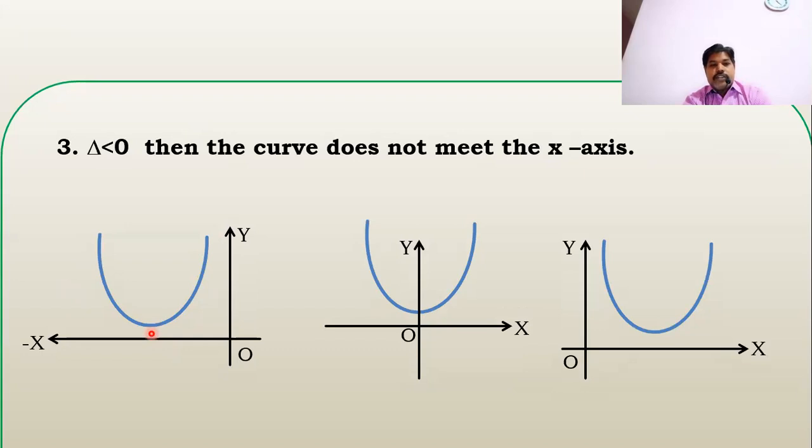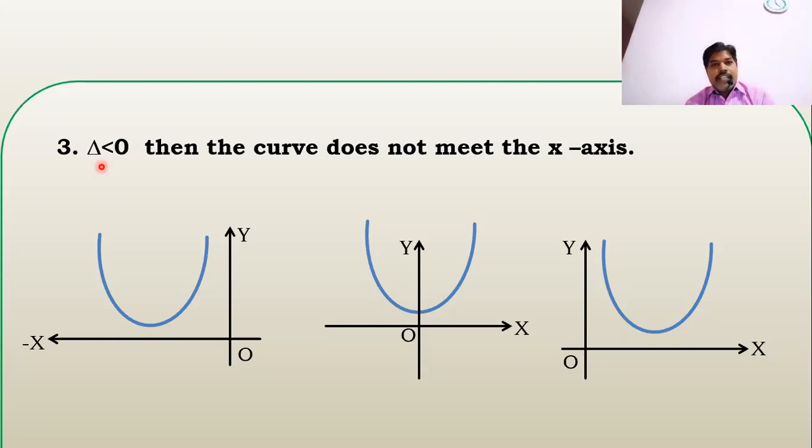So see students here, the third case. If delta less than 0, what happens? What I told in the previous class is that if delta is less than 0, then the roots are complex numbers, that is imaginary or non-real complex numbers, and conjugate to each other.